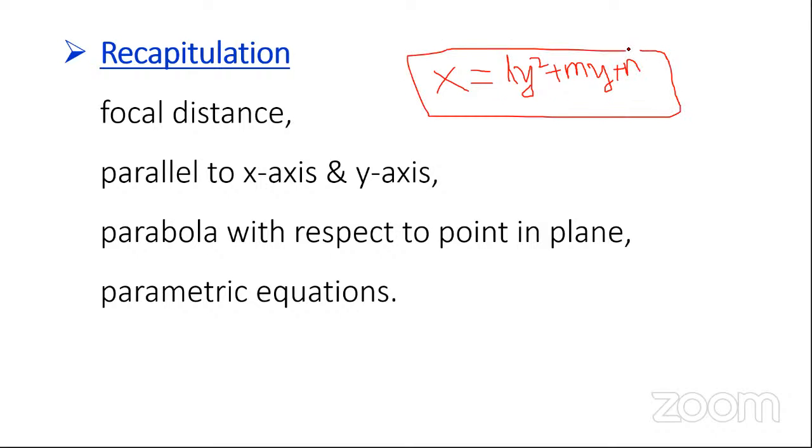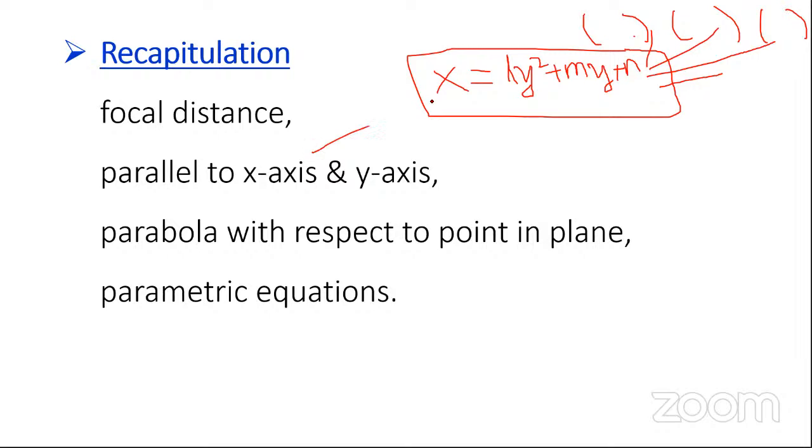We have to substitute the 3 points given in the question. These 3 points lie on the parabola, which means the required parabola equation passes through these 3 points. So then we'll get 3 equations.